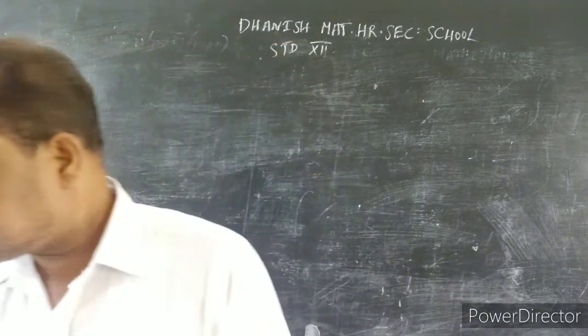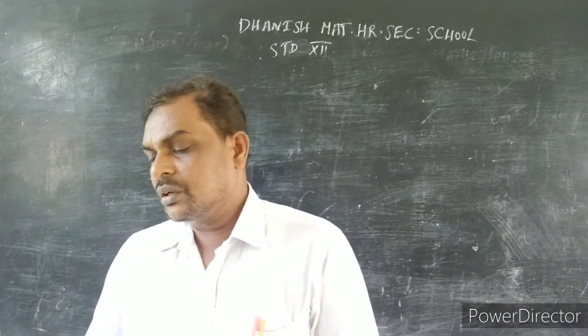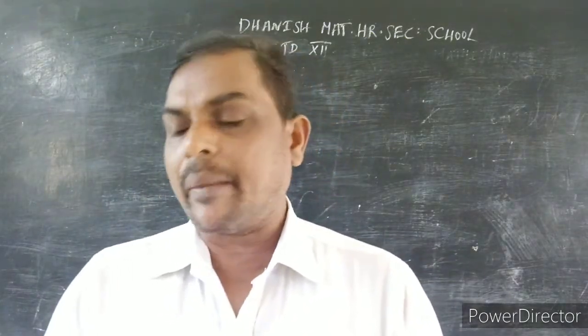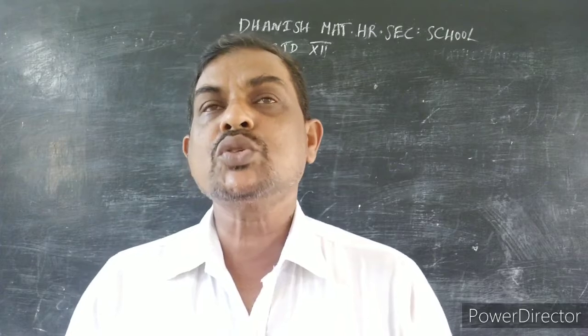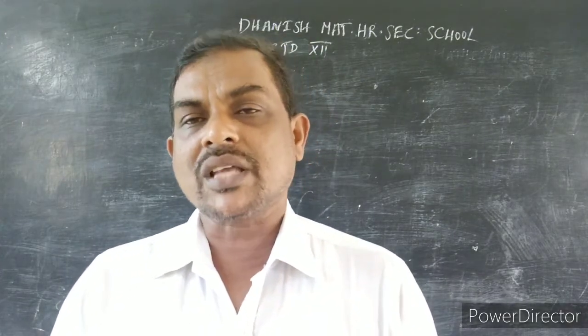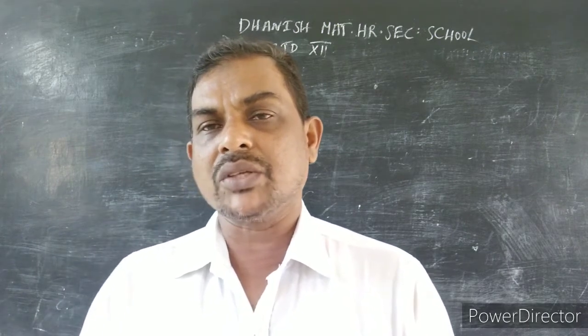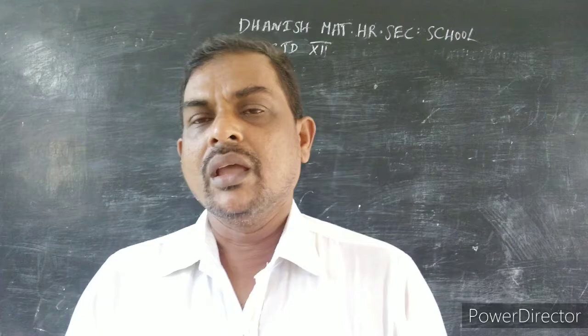For this, first I am going to teach you that for interest on capital there are 2 adjusting entries. First I will teach you the adjusting entries, and based on the adjusting entries I will teach you the sums also.